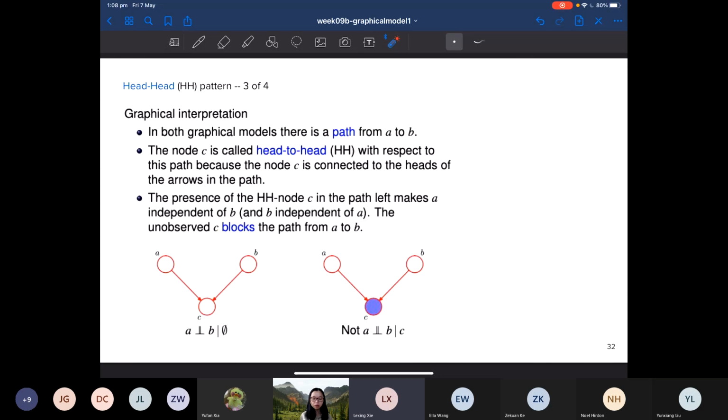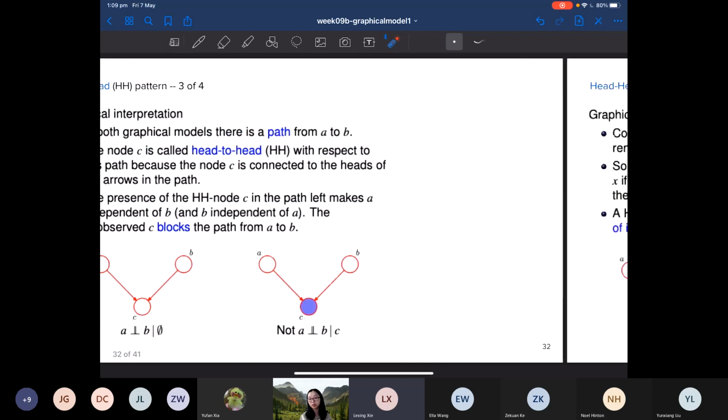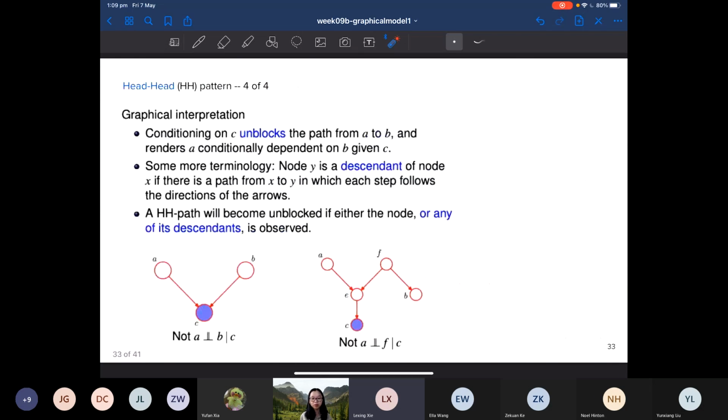The unobserved C blocks the path from A to B, but the observed C unblocks the path from A to B. Right. Summarizing the three patterns we talked about, depending on the direction of the arrows, observing C either blocks or unblocks the conditional dependency. So the graphical independence interpretation continues: conditioning on C unblocks the path from A to B.